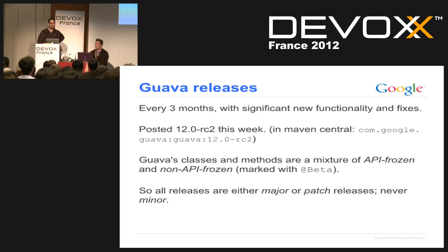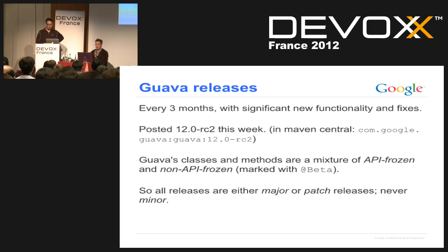What is a little bit different about Guava from most libraries is that we have a mixture of APIs that are marked as being API frozen and those that are not API frozen. We mark the non-frozen APIs with an annotation called @Beta. All that means is that it's still subject to change.